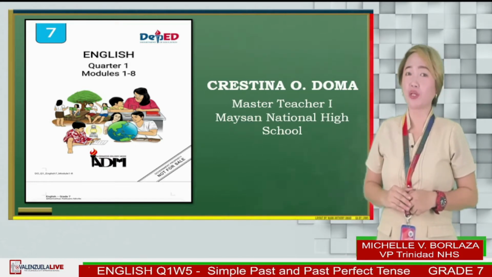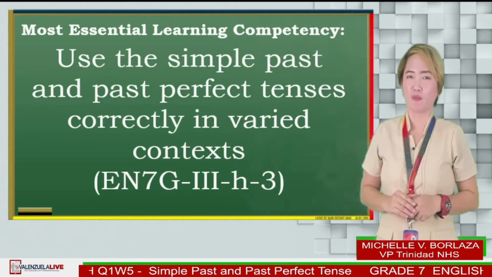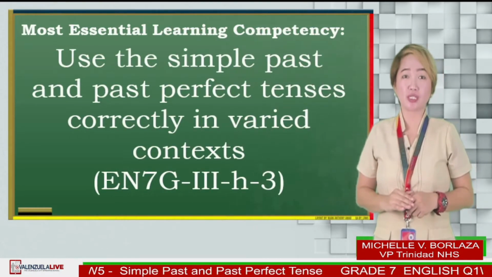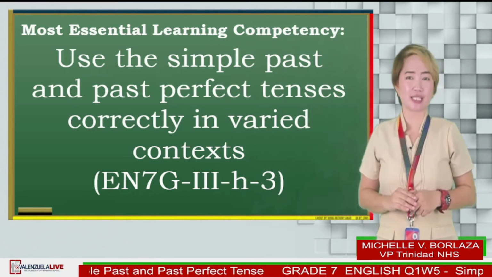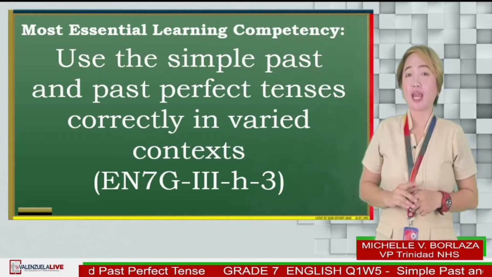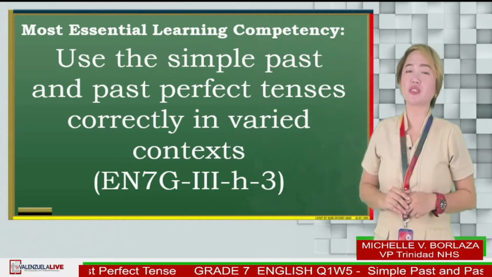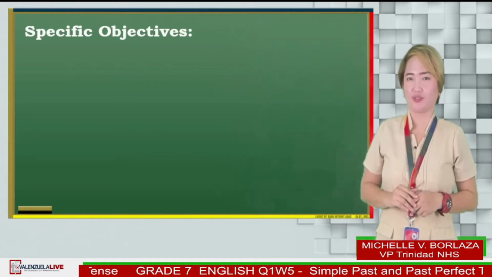Today, we will discuss this most essential learning competency: use the simple past and past perfect tenses correctly in varied contexts. And we will focus on the following specific learning objectives.